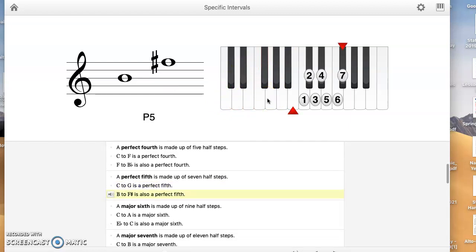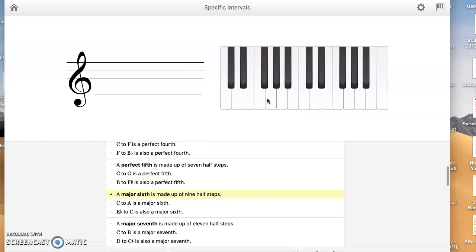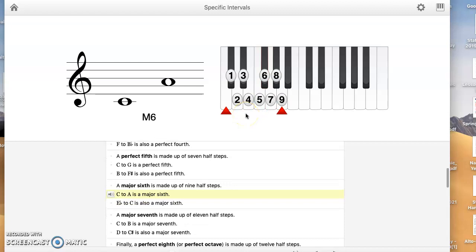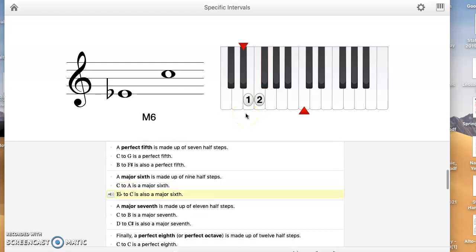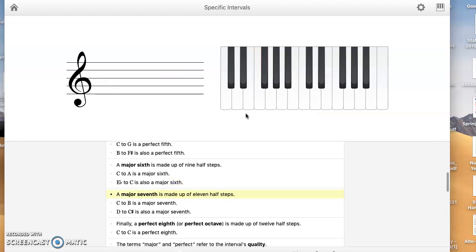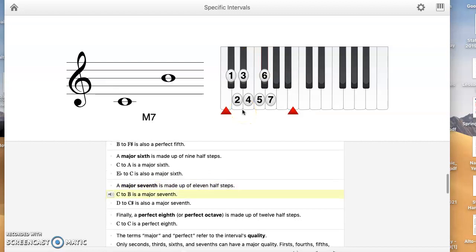And I'll let you do the counting. B to F sharp. A major sixth is made up of 9 half steps. E flat to C is also a major sixth. A major seventh is made up of 11 half steps.